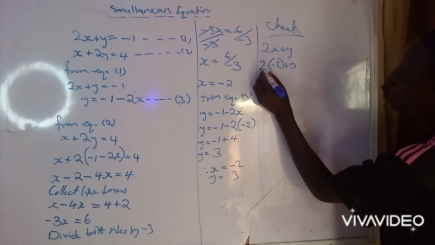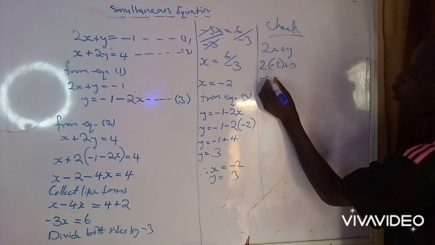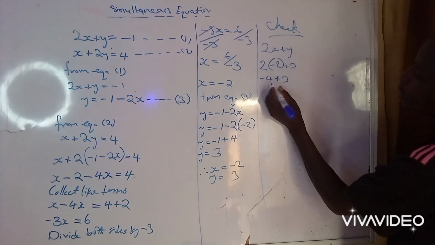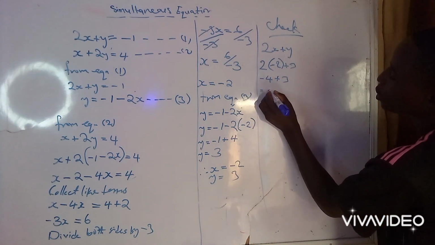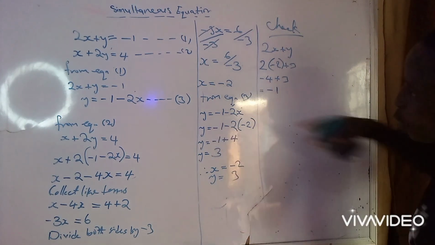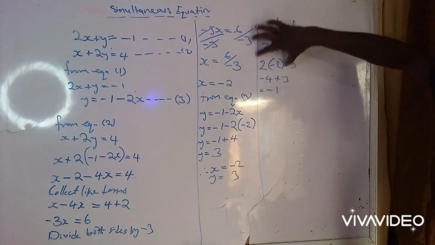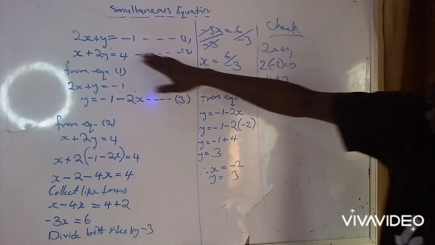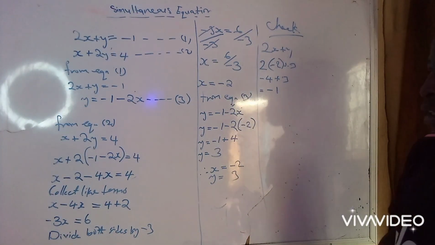Then 2 times 2, 4. I have a negative sign here. I'll put minus 4 plus 3. Minus 4 plus 3, gentlemen, is the same thing as what? Minus 1. So we can see that it's minus 1. But this is just a check to see whether we arrive at the same answer.